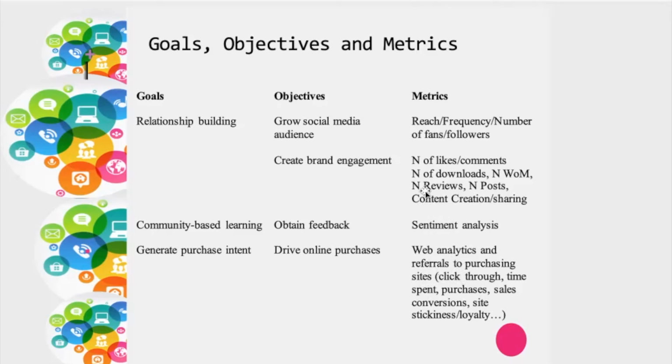So you can measure actually if positive word of mouth impacts sales conversion, or if somebody shares a post with other customers, you can see if the number of likes and the number of people in your community increases, and actually if then these people go directly through the links you're making available, if these people finally purchase on your website. And that's the big difference. This is called one-to-one marketing, not mass marketing.